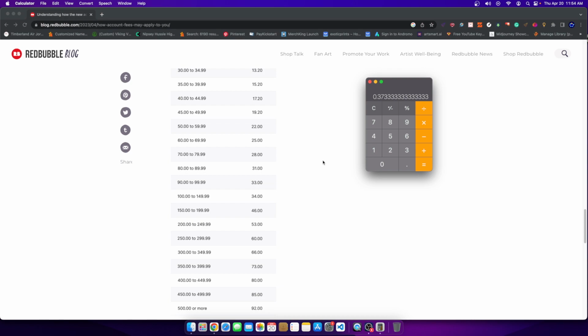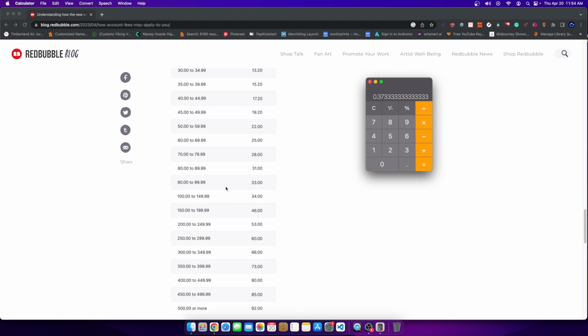And the reason why we're doing that is because at the end of the day, Redbubble held the power. I don't want to say holds the power, but they held the power for a very long time, being one of the number one sites, aside from Merch by Amazon, of course, but generally to the public, they kind of held a lot of the power because a lot of people do go on Redbubble.